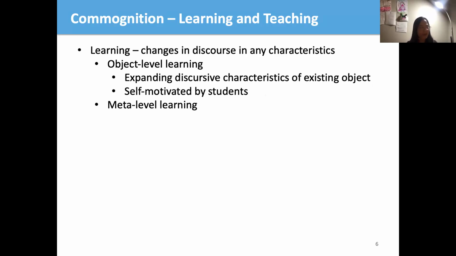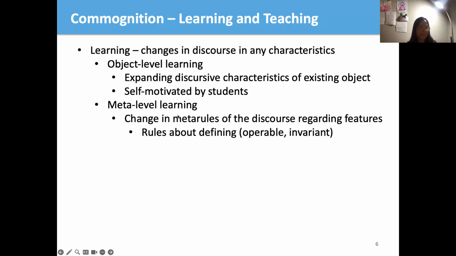But in meta-level learning, changes happen at the meta level. So it involves changing the meta rules of the discourse regarding those features. Those include something like rules about defining. For example, the definition should be operable, so any object should be classified as an example or non-example, and a definition should be invariant under changes of representations.